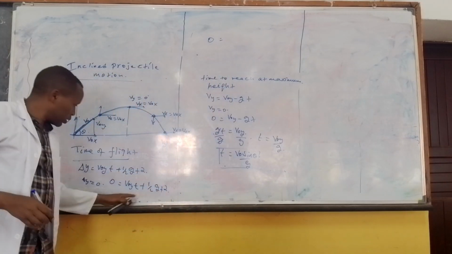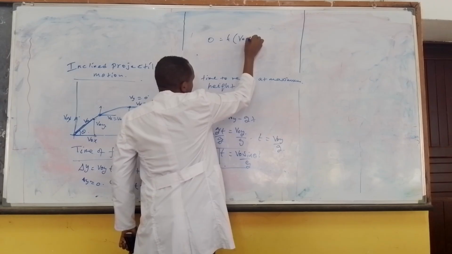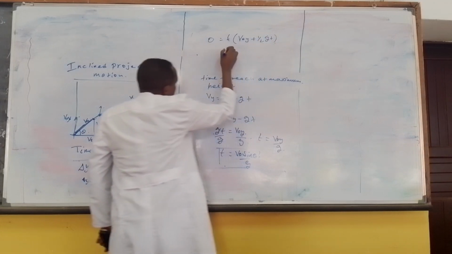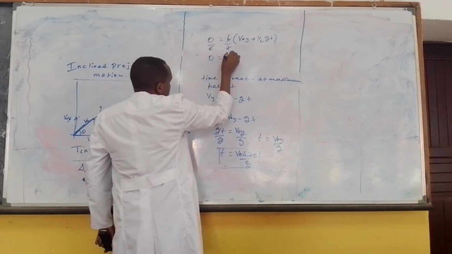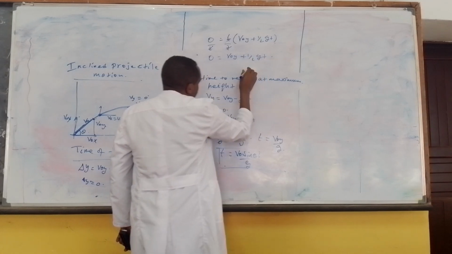We have t as a common factor, so 0 equals t times (V naught y plus 1 over 2 g t). Setting the time aside, 0 equals V naught y plus 1 over 2 g t.